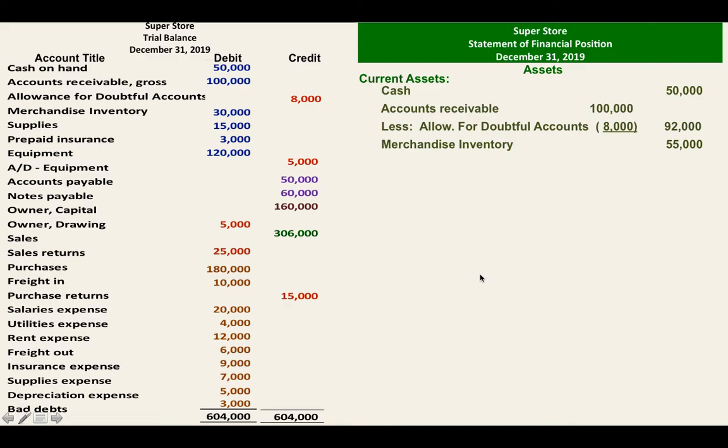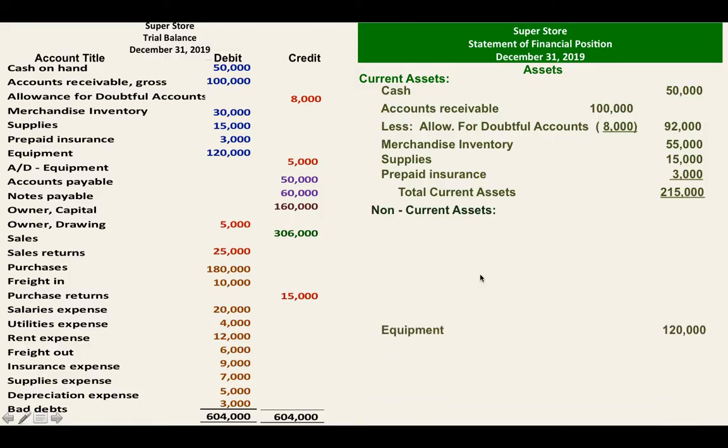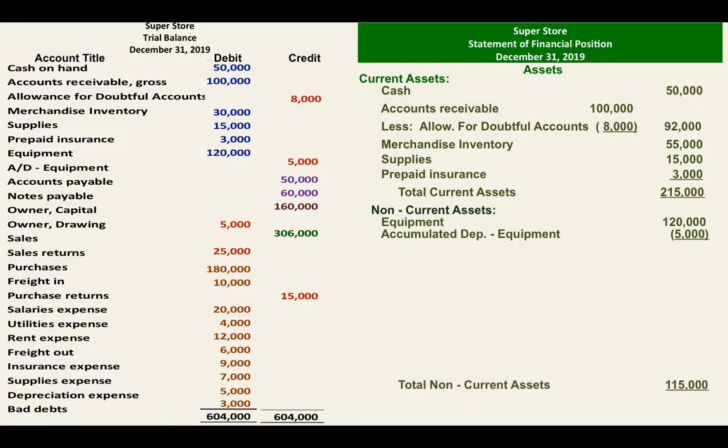Okay, class? We will reflect the inventory count. And then the other current asset account. So we will have a total current assets and then present the non-current assets, equipment, and accumulated depreciation as a contra account.